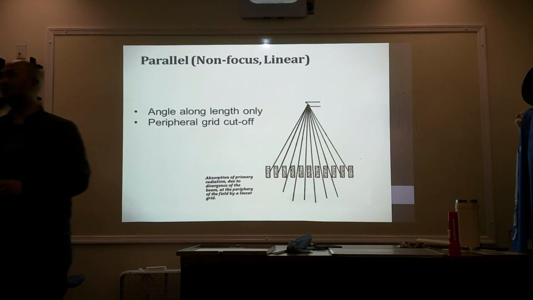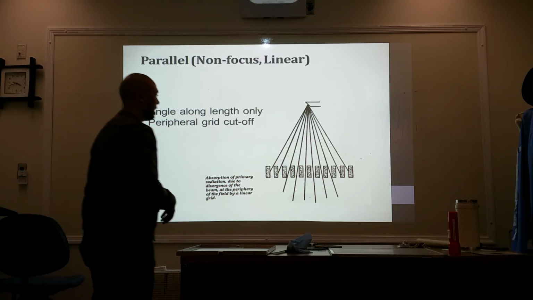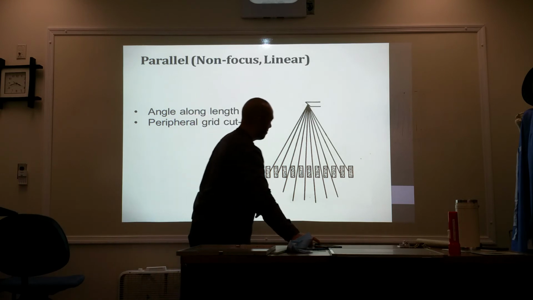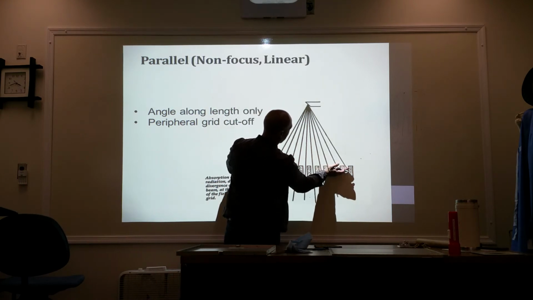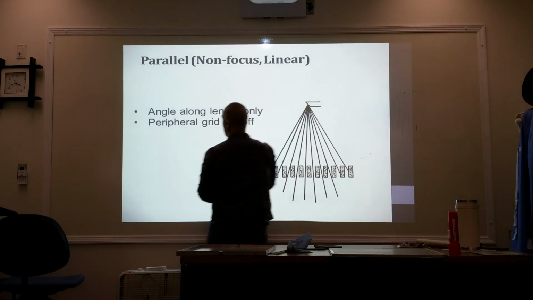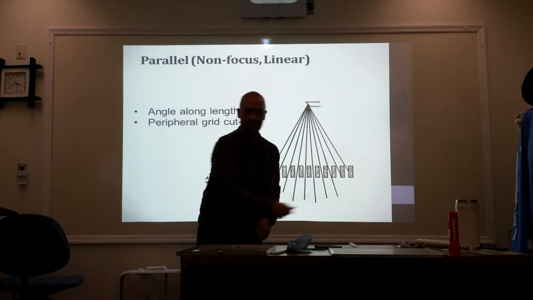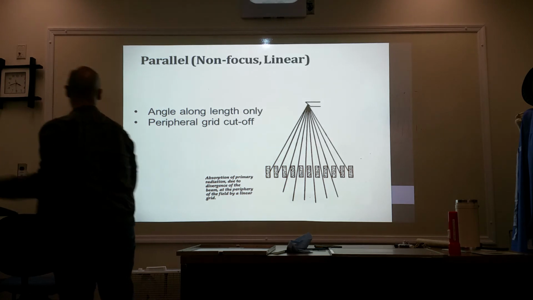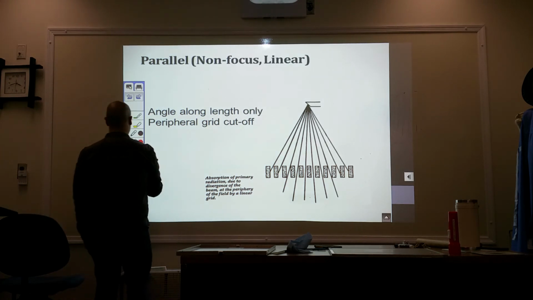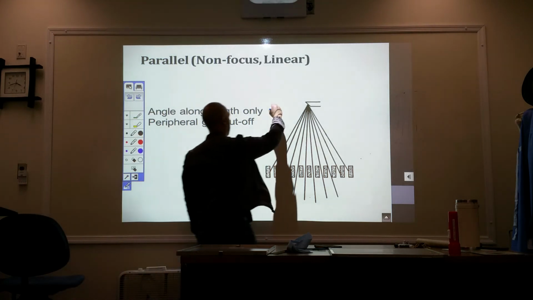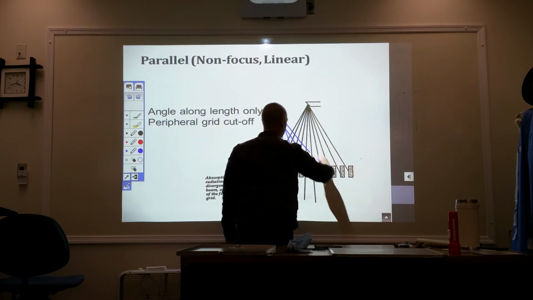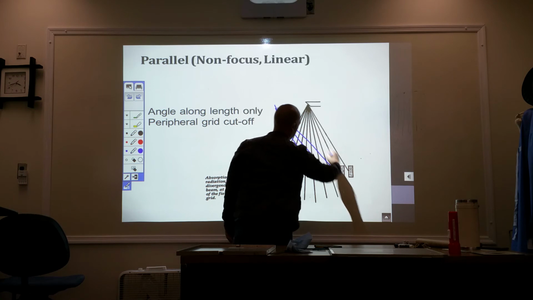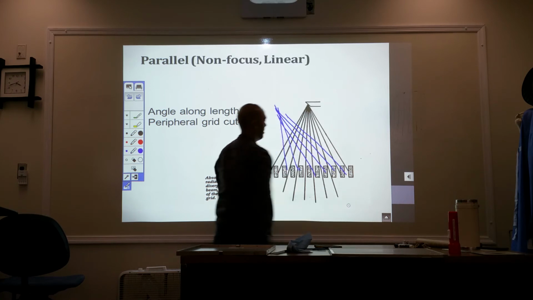The problem with this is that if you angle your X-ray tube a certain way, or if your imaging plate is angled a certain way, so let's just say now your X-ray is coming down at an angle instead of straight up and down, what are the chances of those beams interacting with your film? Not good.